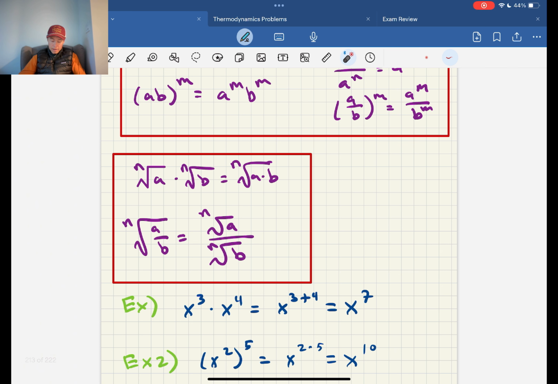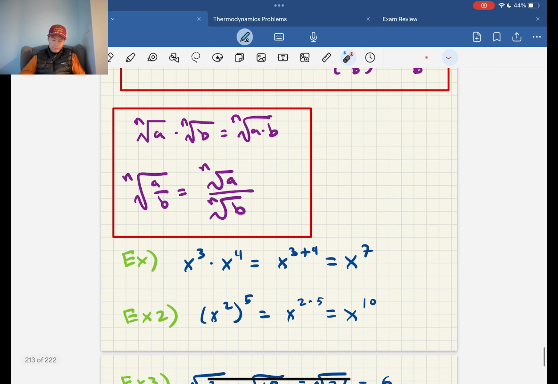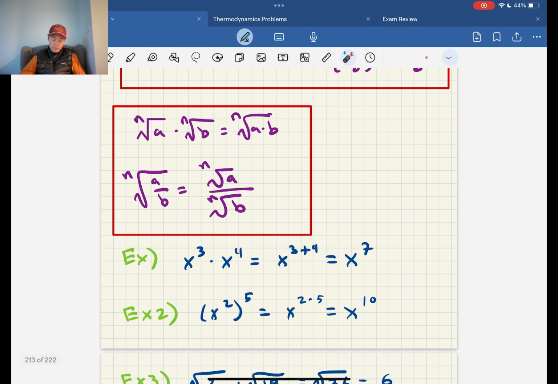If you've got two of the same radical, so square root, cubed root, fourth root, etc., and you're multiplying those, you can just multiply the numbers together and then put them under one radical, right? The same holds true if you're dividing those numbers. Each thing can go under their own radical.